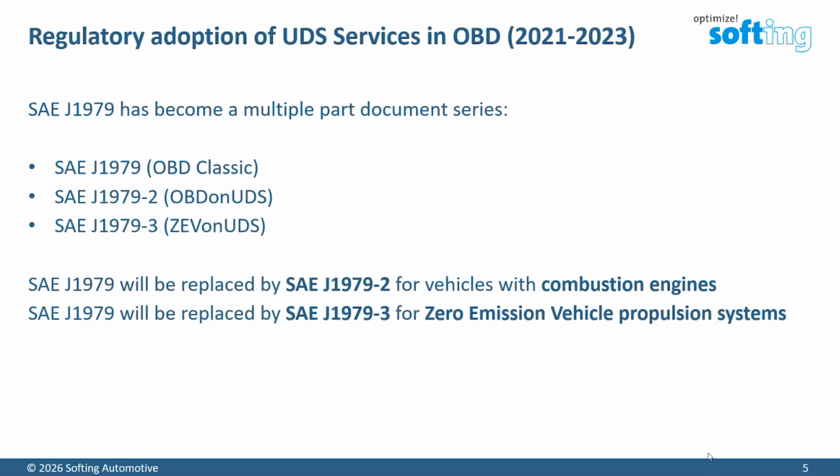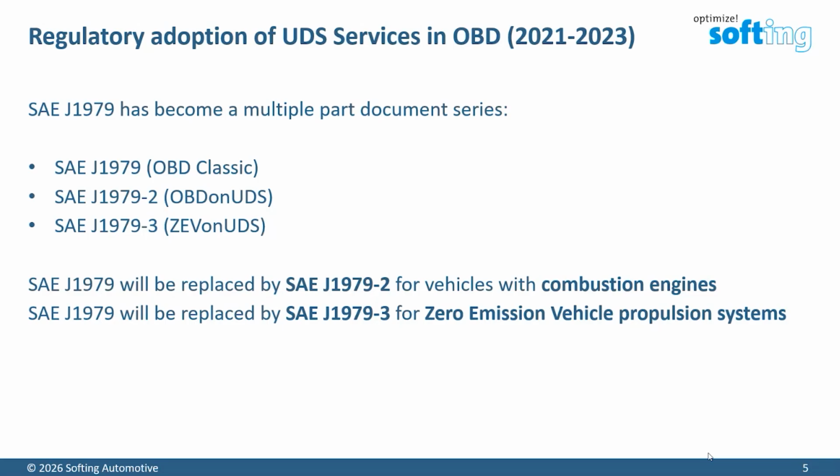At the beginning of this decade, a significant change took place in the field of onboard diagnostics: the mandatory introduction of UDS services in OBD. For this reason, SAE J1979 has evolved into a multi-part series of documents.